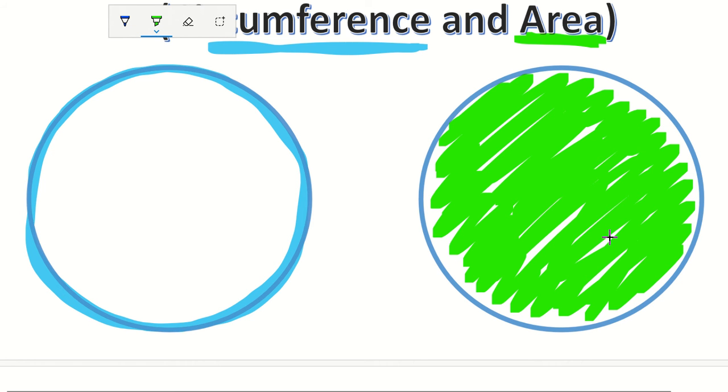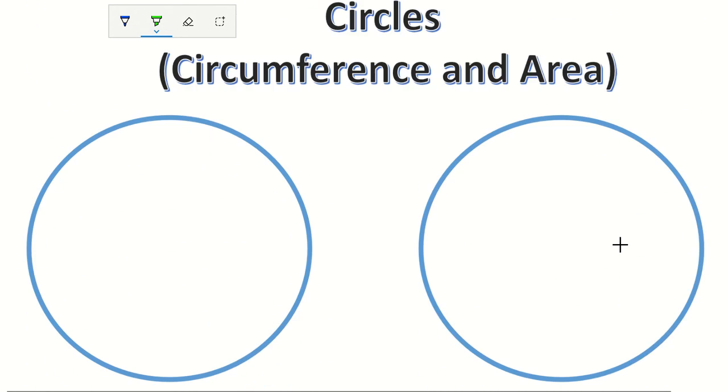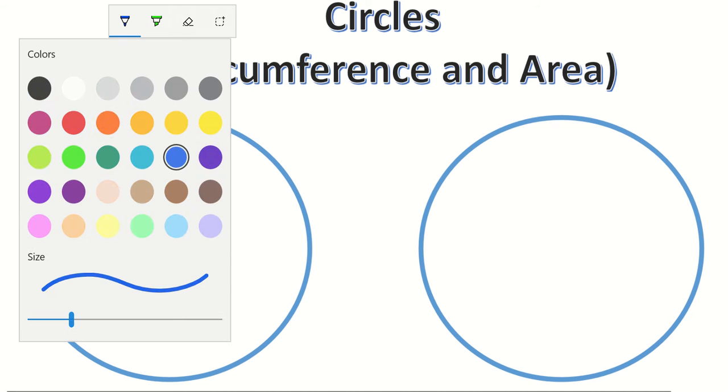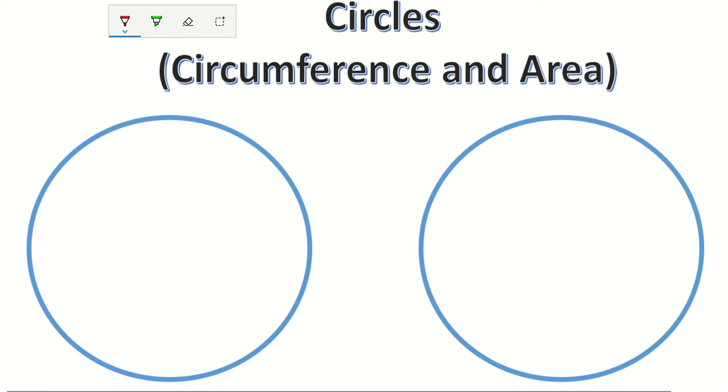Before we move on, we do need to talk about the parts of the circle. You've been seeing them since you were in elementary, but let's go over them again. Remember that we have the center of the circle. How do you create a circle? First of all, you need to have a center. And then you need to go around this point the same distance.